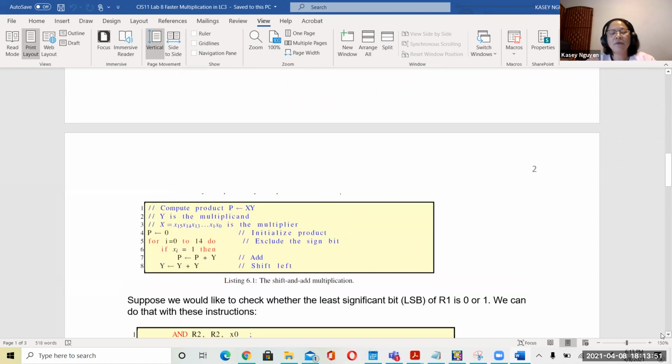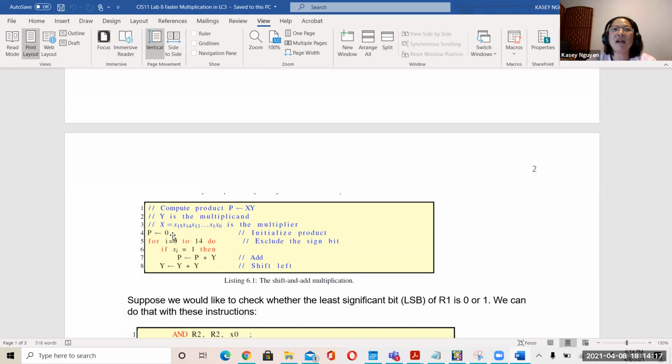So now let's look at how we would put it together with the pseudocode that they gave us. So when you compute the product, which is going to be your xy, your y is going to be the multiplicand and your x is the multiplier. Like a regular C++ or C program, we have to initialize that product, right?